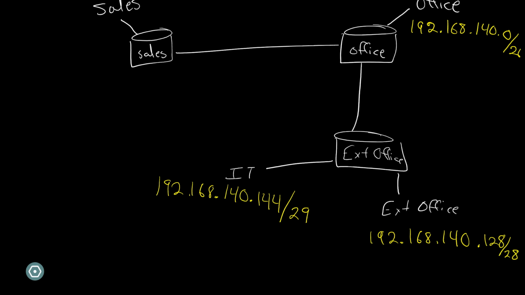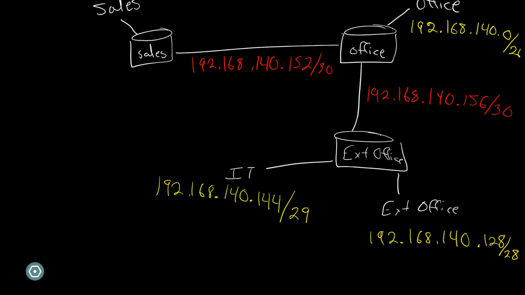So in here, we ended up with 192.168.140.152 in a /30 and 192.168.140.156 again in a /30 network. Now we could have switched those 2 addresses around. It doesn't really matter which we assign where, but just so you're aware, these are the networks we do.